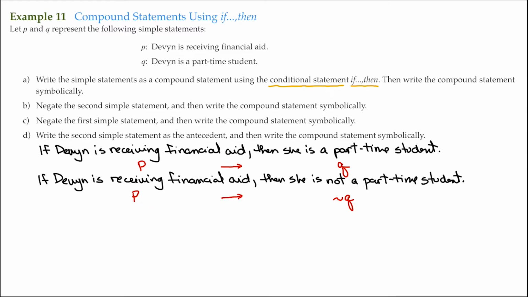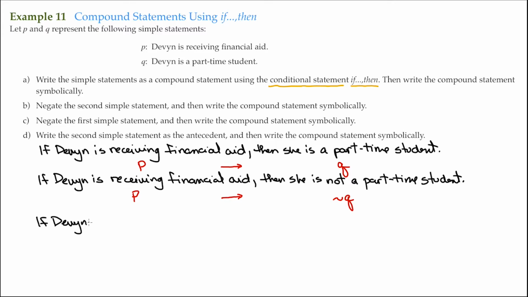And as we continue on for C, negate the first simple statement and then write the compound statement symbolically. So for B, we negated the second simple statement, the consequent. For this letter C, they want us to negate the antecedent. So we'll do that.